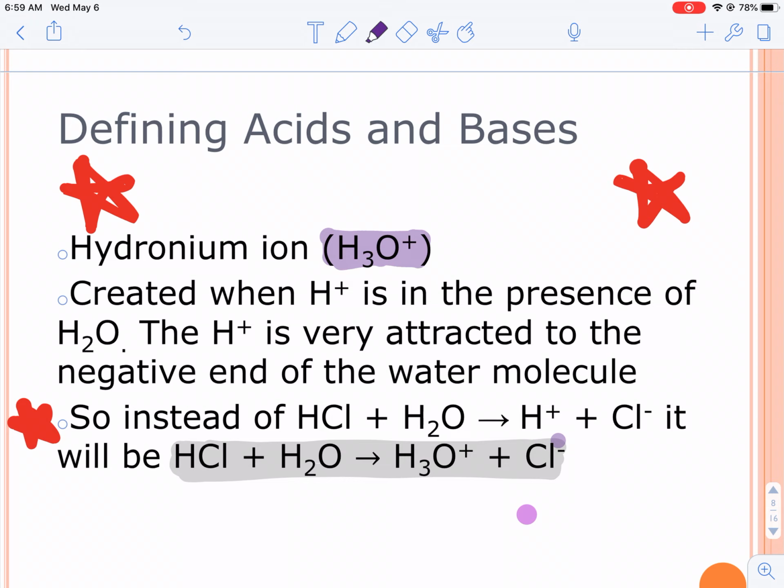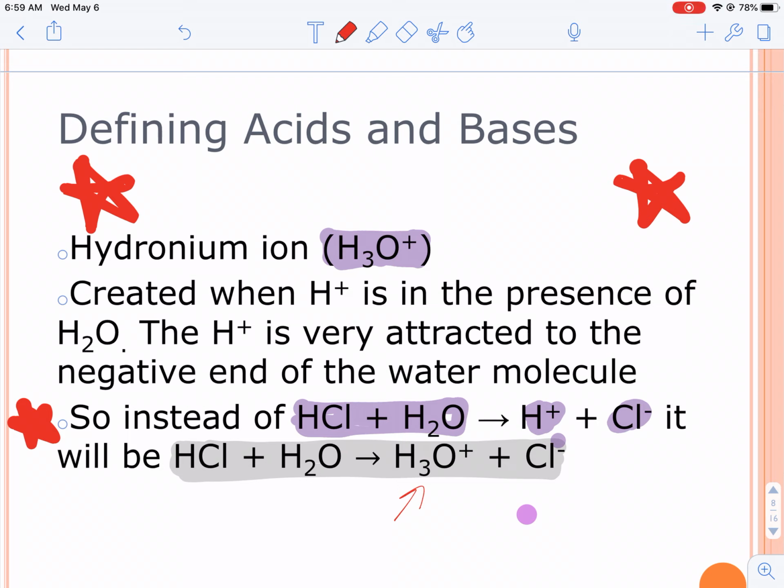So when I take hydrochloric acid and I add it to water, I don't get just H plus and Cl minus. What I actually get is HCl plus H2O yielding H3O plus and the chloride ion. The concentration of that hydronium ion will determine the strength of the acid.